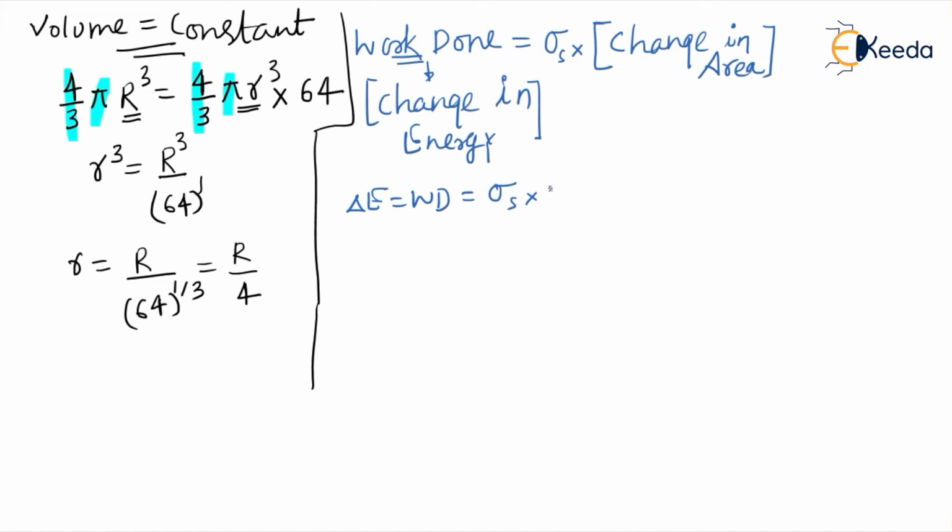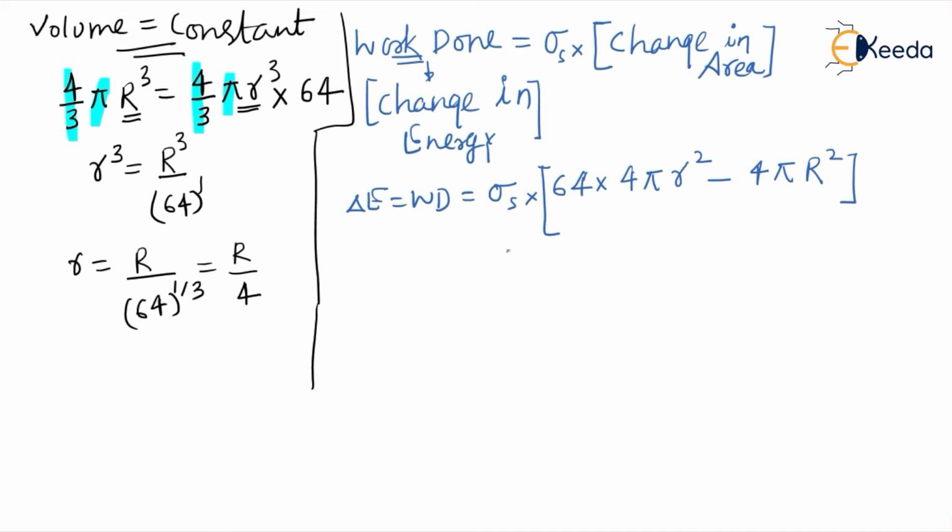So we can start with the area that is more. There are 64 drops, multiplied by the area of a single drop, which is 4 pi r square, minus one big drop of area 4 pi capital R square. This must be the expression.